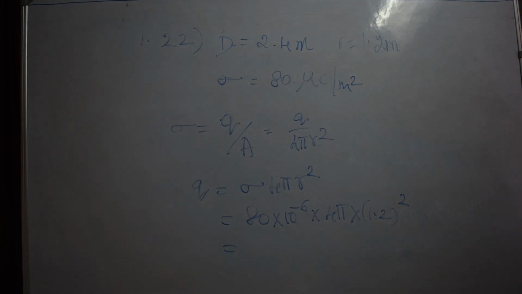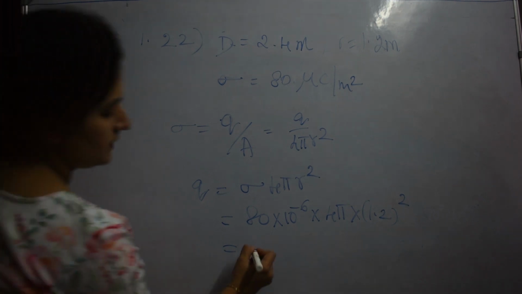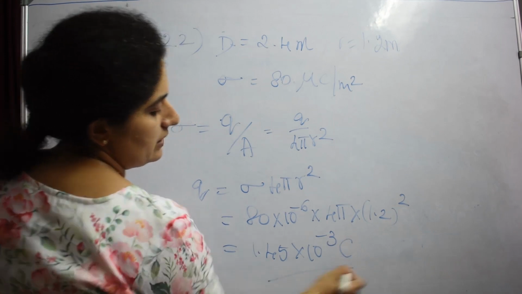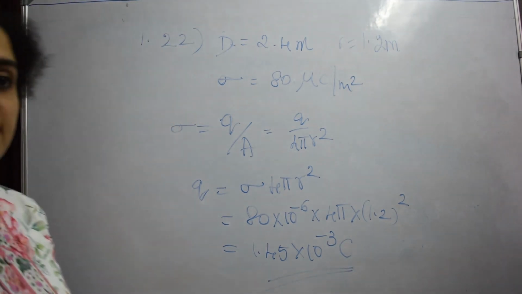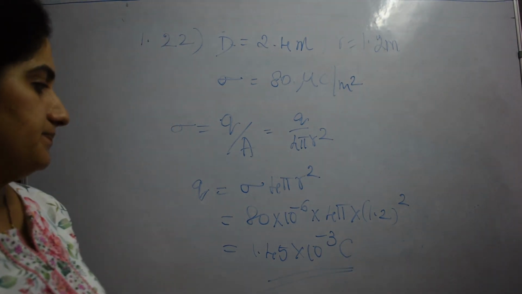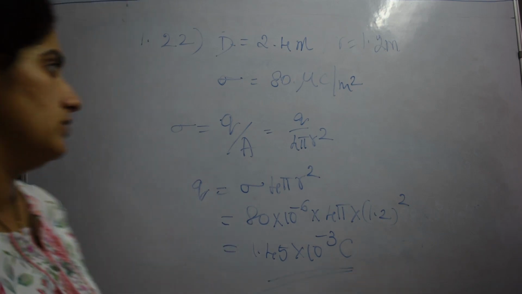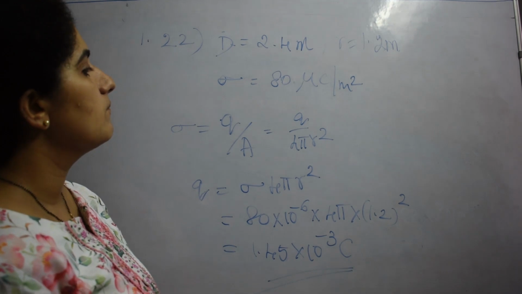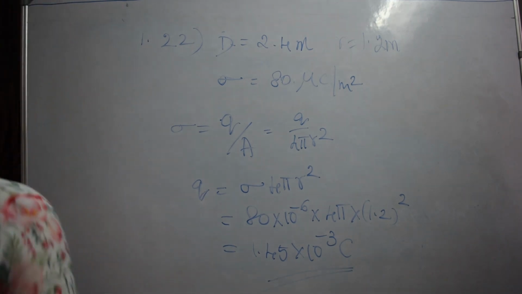So the answer comes out to be 1.45 into 10 raised to minus 3. What should be the unit? Coulomb. Minus 3 is nothing but milli. So millicoulomb. That also you can write, or you can write up to here. So this is first part.